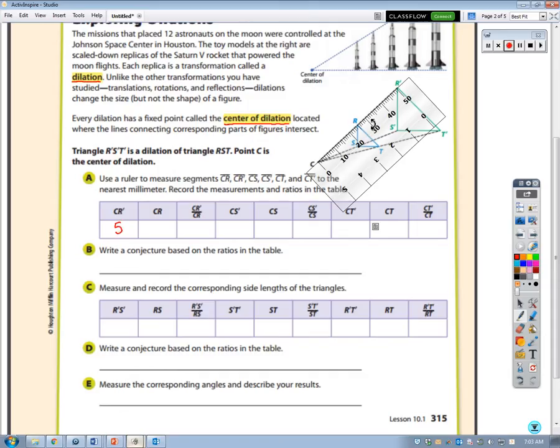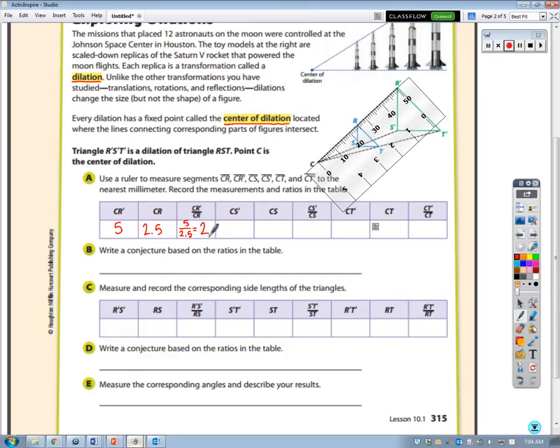I can measure CR too, which is halfway. It looks like 25 millimeters or 2.5 centimeters, because there are 10 millimeters in a centimeter. Then I'm going to find the ratio of CR prime to CR. This is where that ratio practice came in. That would be 5 divided by 2.5, which is 2.